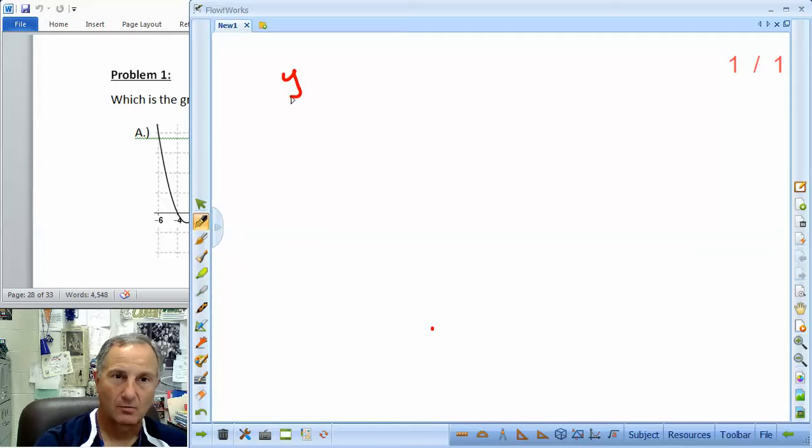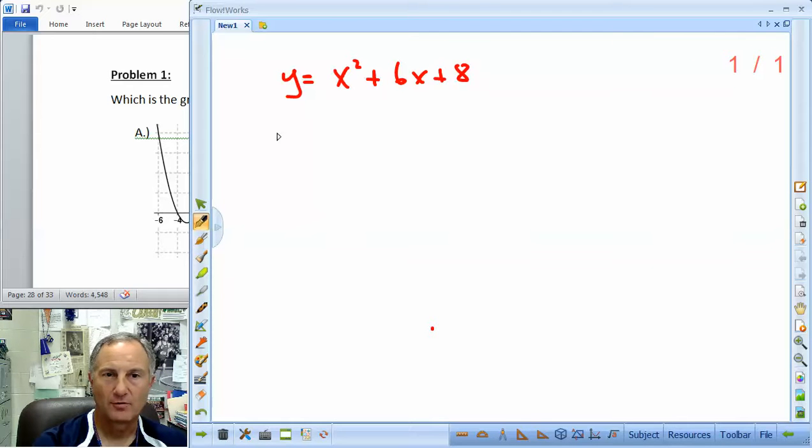I've got y equals x squared plus 6x plus 8. We know for the vertex, x equals negative b over 2a. That's how we start. It's also the axis of symmetry. Our a is 1, our b is 6, and our c is 8.